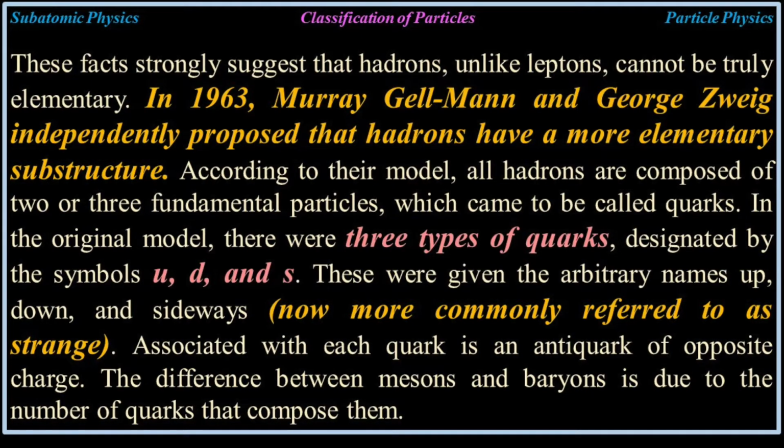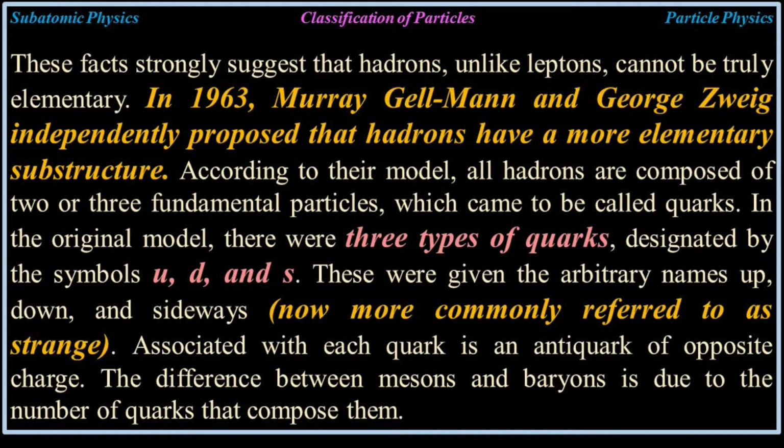These facts strongly suggest that hadrons, unlike leptons, cannot be truly elementary. In 1963, Murray Gell-Mann and George Zweig independently proposed that hadrons have a more elementary substructure. According to their model, all hadrons are composed of 2 or 3 fundamental particles, which came to be called quarks.